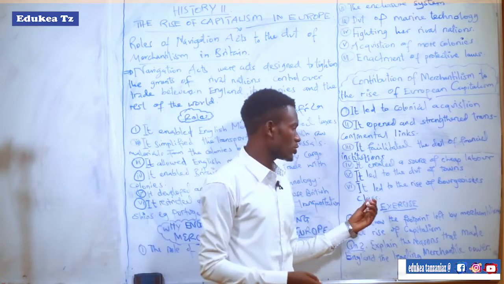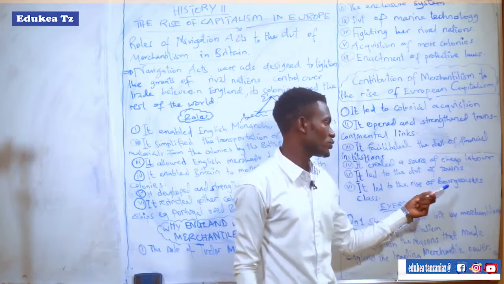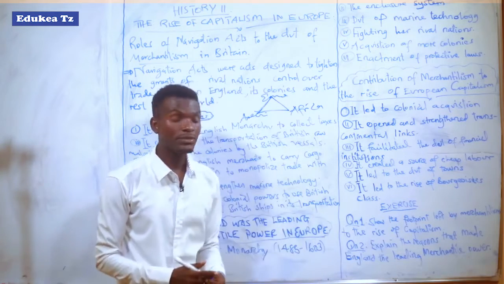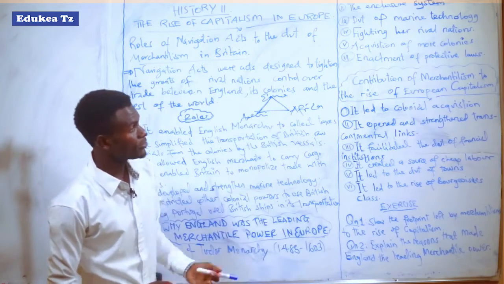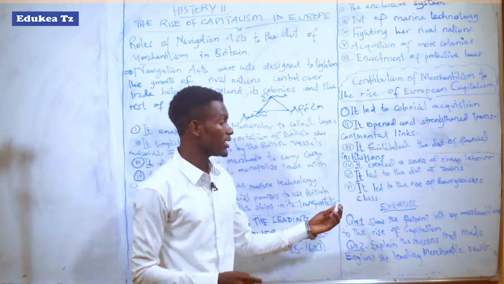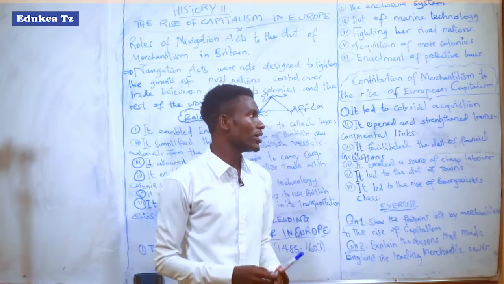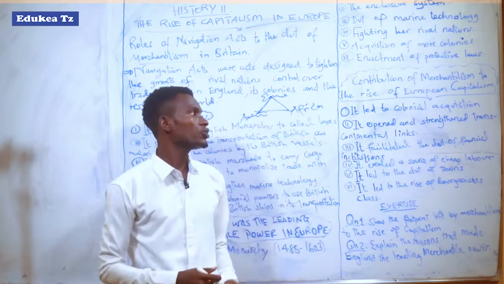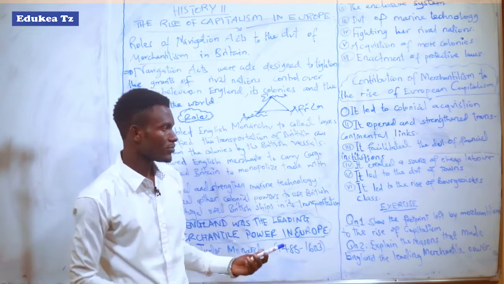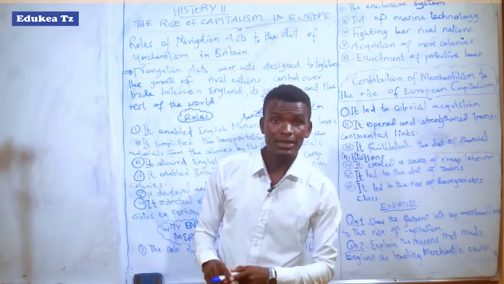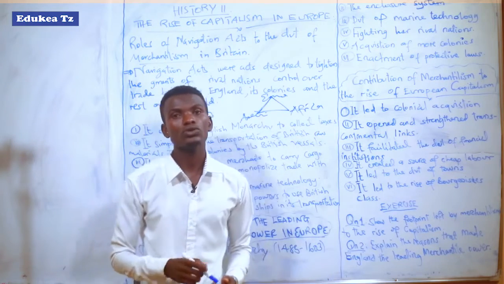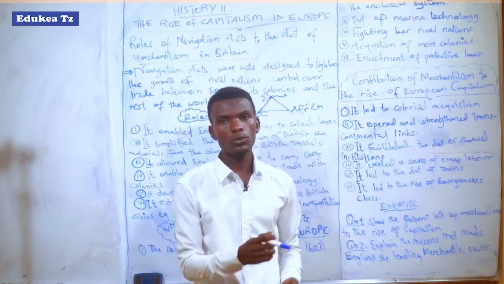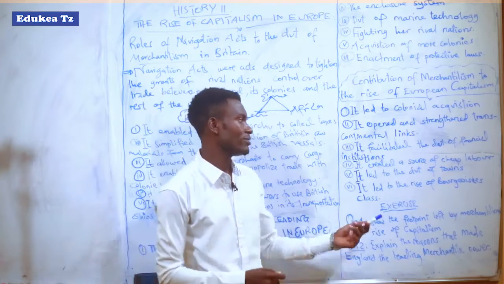And the last contribution: it led to the rise of the bourgeoisie class. It means that during mercantilism, there were merchants who rose and started to practice commercial activities. They accumulated a large amount of capital during mercantilism.